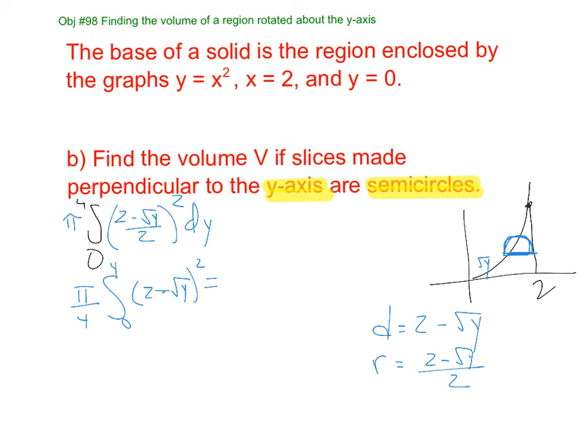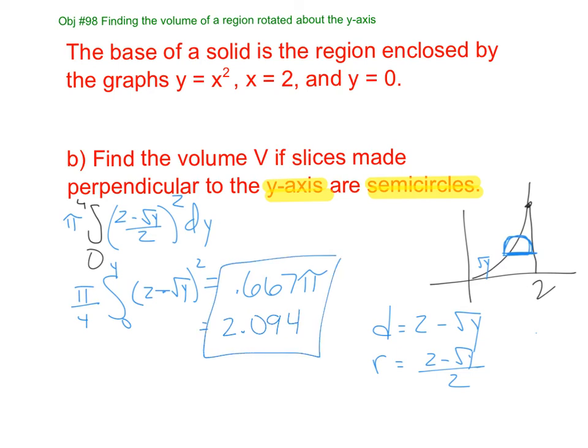My answer, I'm going to write with the times pi and then without times pi. So this gives me 0.667 pi, or 2.094. Both of those are correct. I would give full credit for both of those. The AP test takes both of those also.